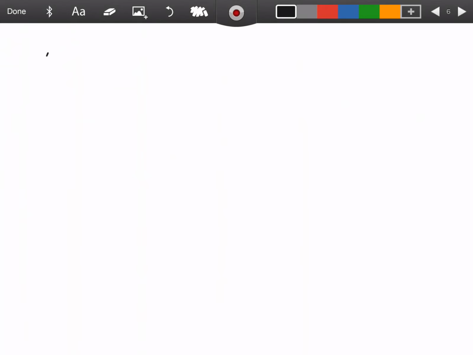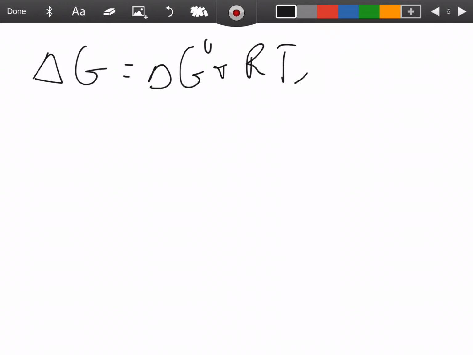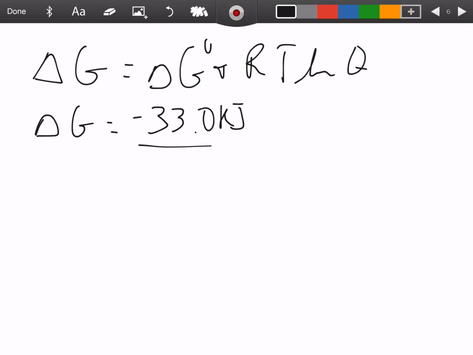Well, if delta G is equal to delta G0 plus RT ln Q, then the delta G is equal to delta G naught. We did that calculation a while back, and we said that delta G naught was negative 33.0 kilojoules, and that is for every, oops, is that right?